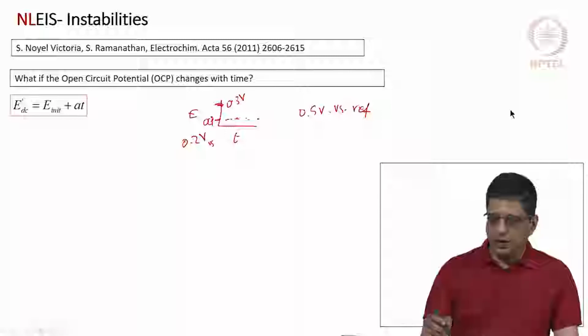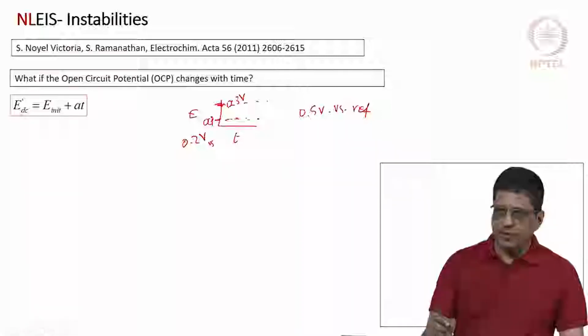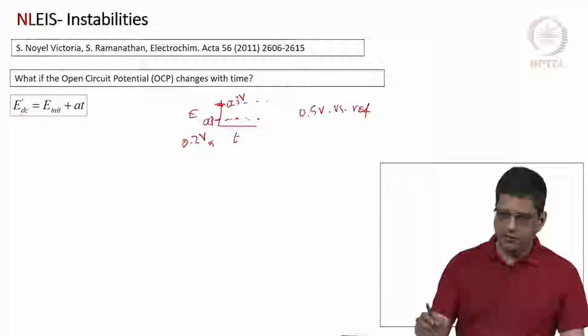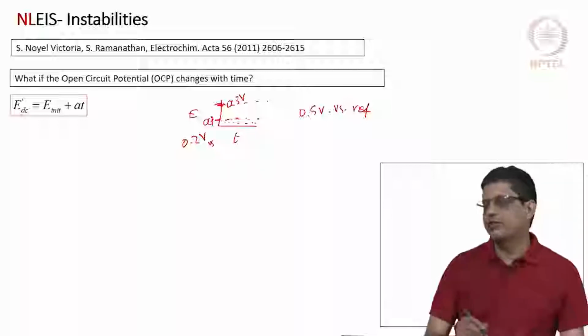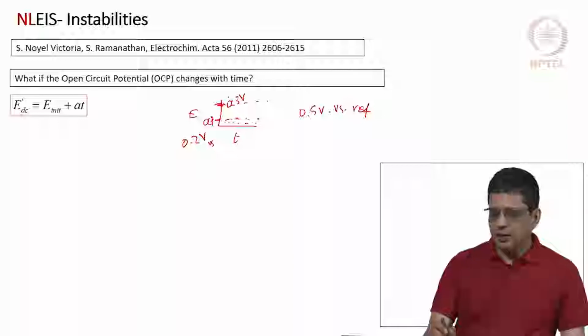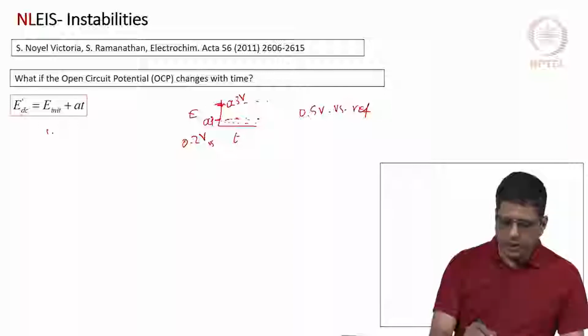Now, this is the case if we have a open circuit potential that is independent of time. If the open circuit potential decreases with time, then we are maintaining 0.5 volt with respect to the reference electrode, but that is not 0.3 volt versus OCP, that is actually changing with time.